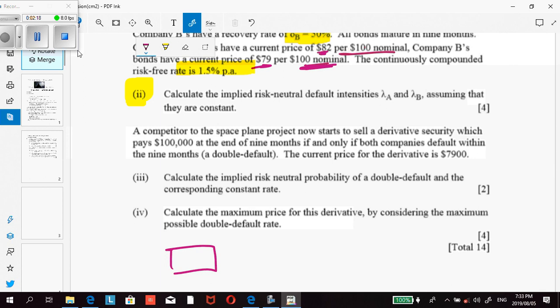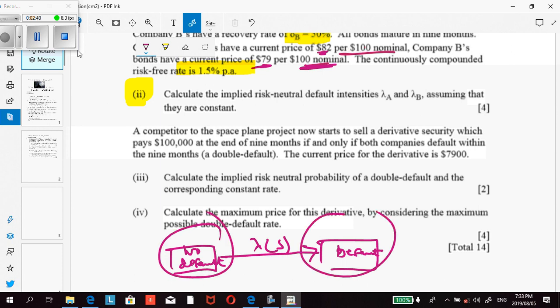Under the two-state model, we have two states, which is no default, and another state, which is default. And we have the transition rate lambda of S. Okay, so this model is continuous in time with two states, as you can see, and lambda of S is the transition intensity under the real world.